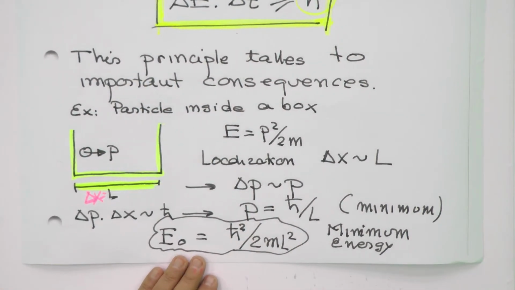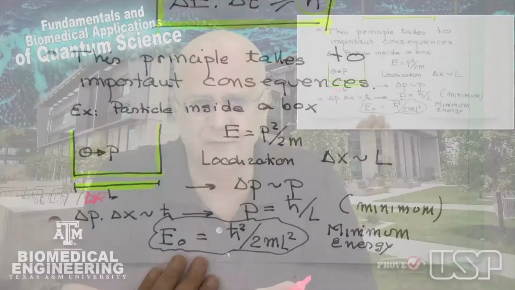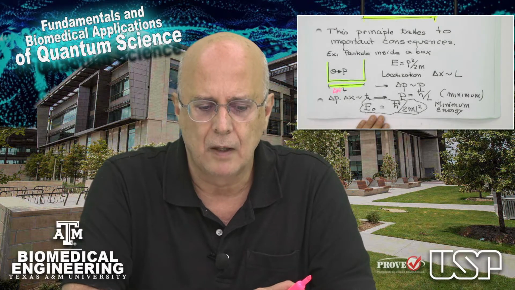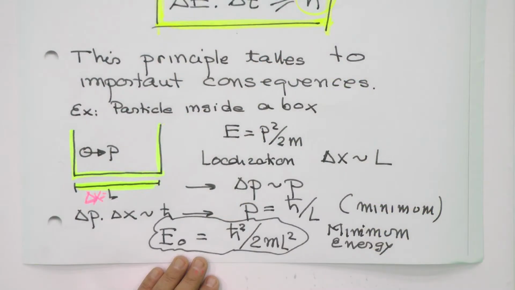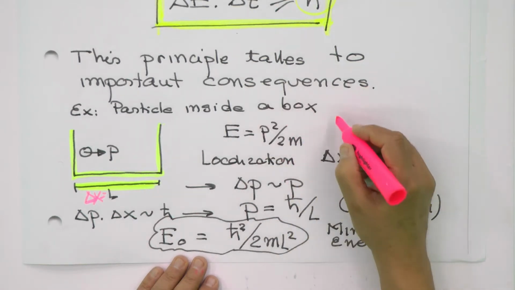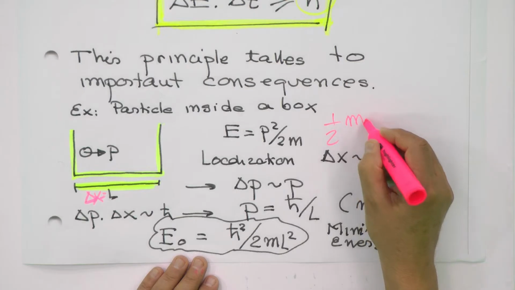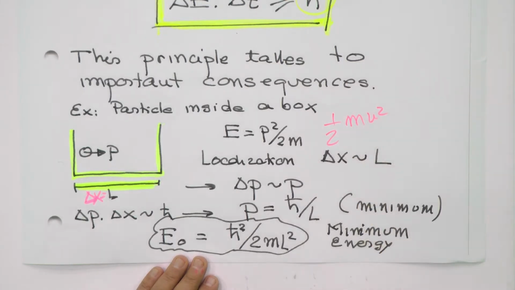It turns out that because of the uncertainty principle, this particle can never have zero energy. Let me show you why. The energy of the particle is half of mv squared, right?